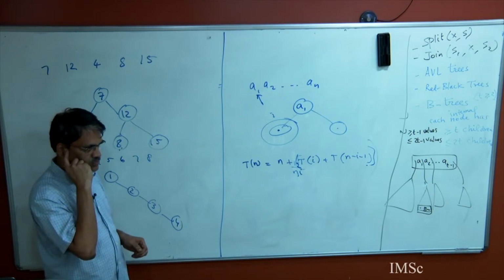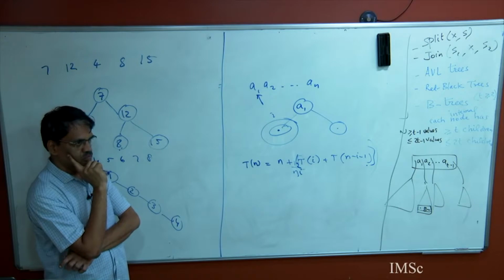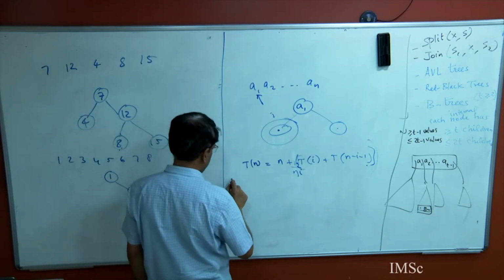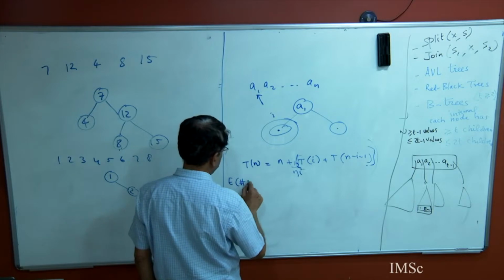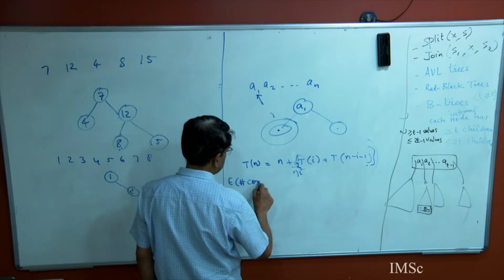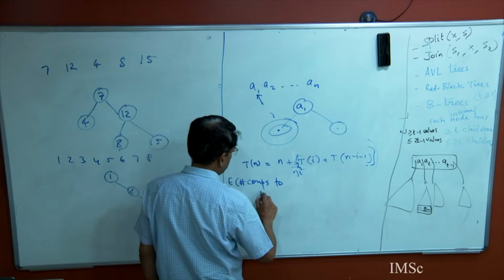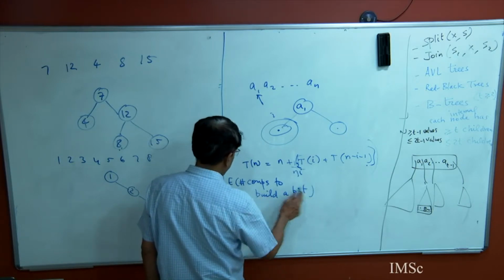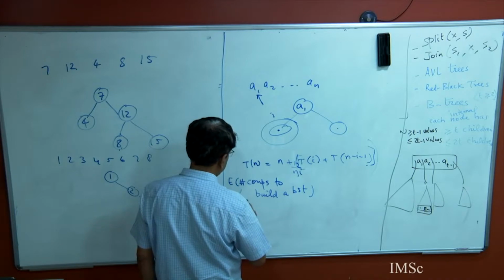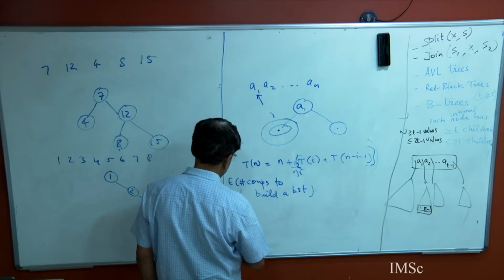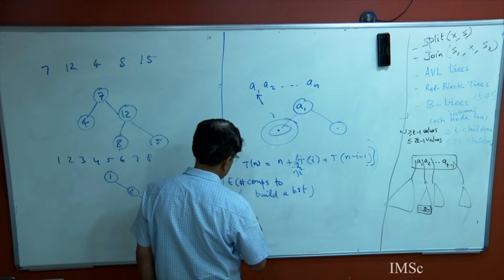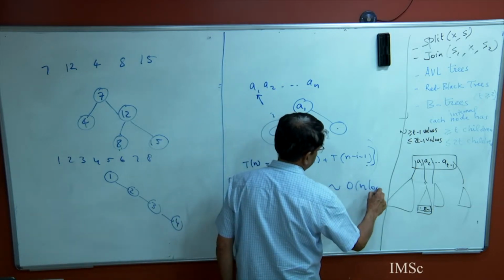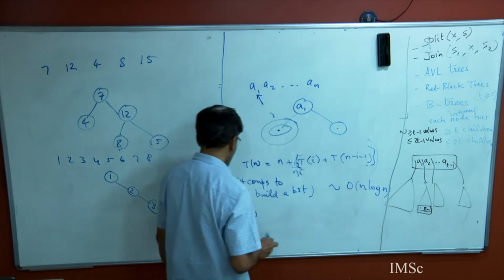Then the probability that the height is... Yeah, so that's the next thing, exactly. So let me write the two results. Expected number of comparisons to build a binary search tree, where the expectation is over all permutations, is order n log n, very similar to quicksort.